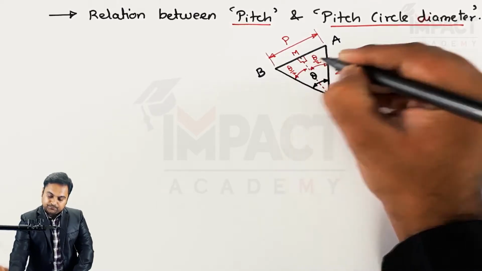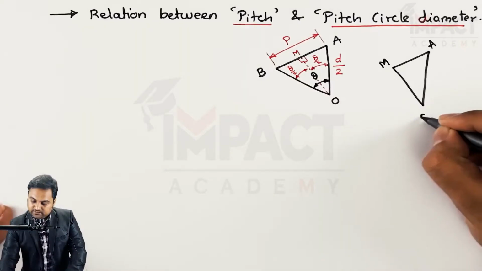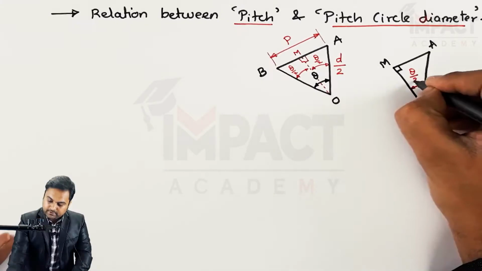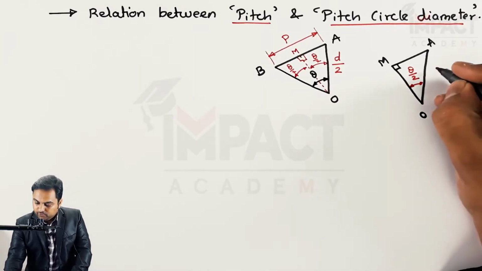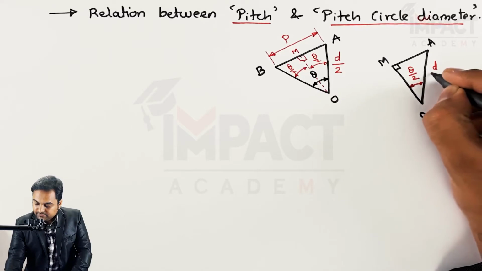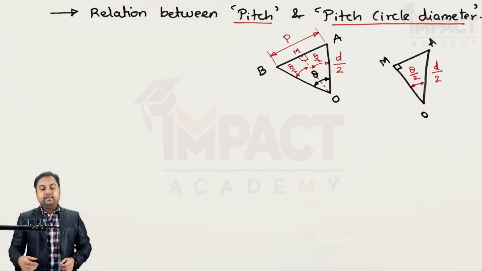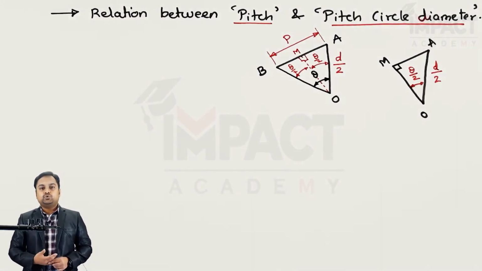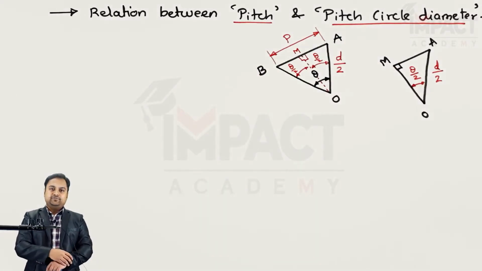So taking another triangle separate, triangle AMO, angle AOM is theta by 2 and AO indicates the radius of the pitch circle. Now if I am able to get AM, then I'll simply multiply it by 2 so that I get the value of AB, and AB is nothing but the pitch of the chain.